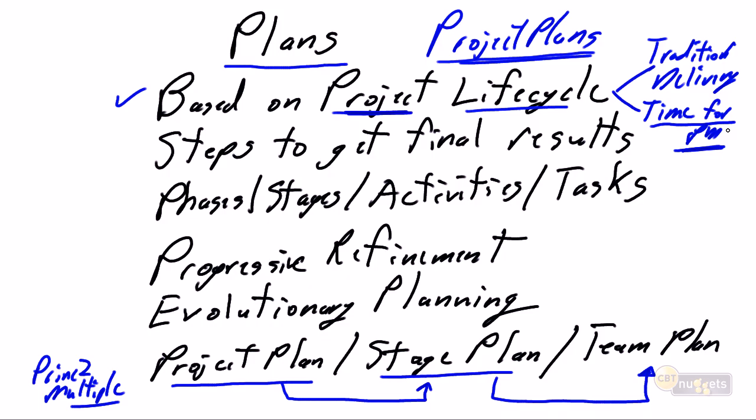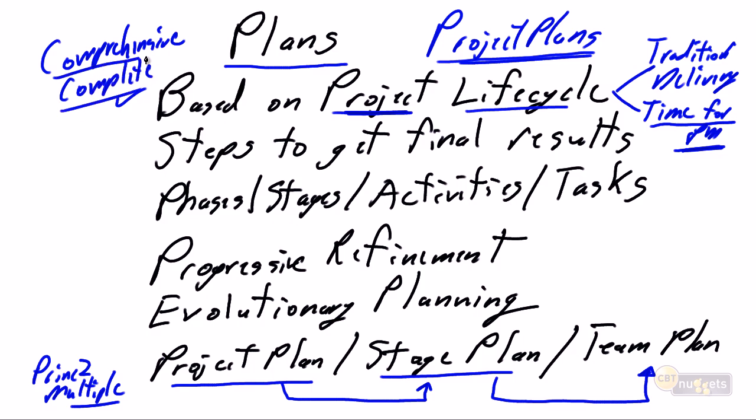We need our team members to produce timesheets. We need our team members to produce status reports. We need our team members to participate in quality activities, which we're going to discuss just a little later in this nugget. So we need to have plans that are comprehensive and complete.